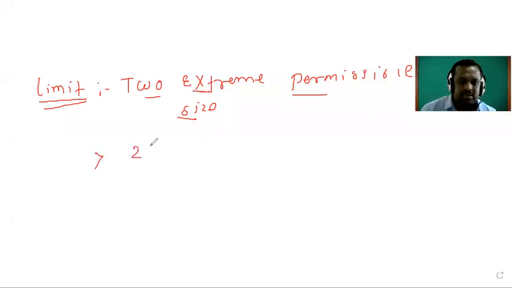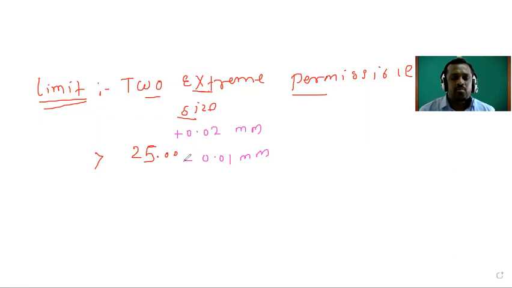Suppose we have to manufacture a shaft of size 25 mm, and for that 25 mm I will give you two acceptable ranges like this: plus 0.02 mm and minus 0.01 mm. Means we have provided two ranges.